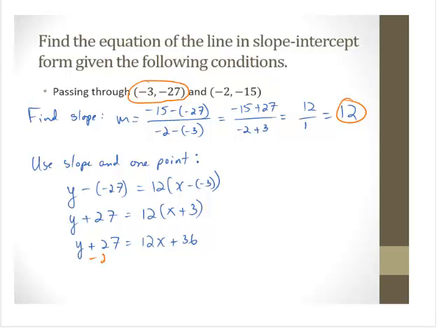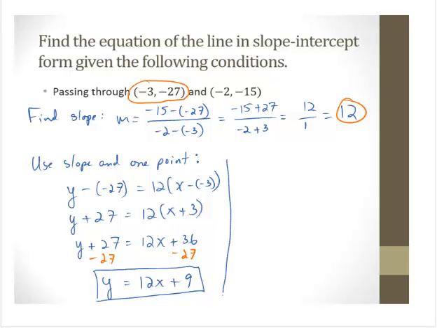And now I'll subtract the 27 from both sides. And y equals 12x plus 9. Now, just for sake of argument, what if I had used the other point? My equation would have been y minus negative 15 is equal to 12 by x minus negative 2.